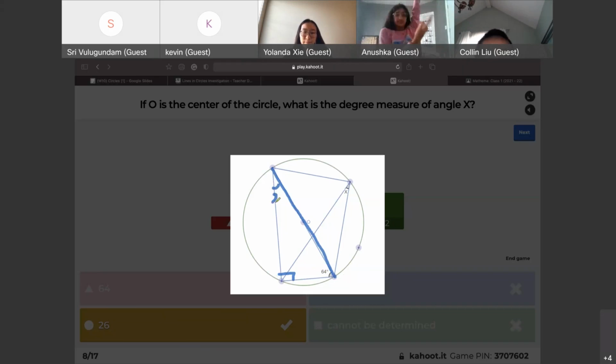So this angle has to be 26. And then this is something we learned before: 26 and x are both on this minor arc right here, so they're going to have the same angle measure. So x is also 26.